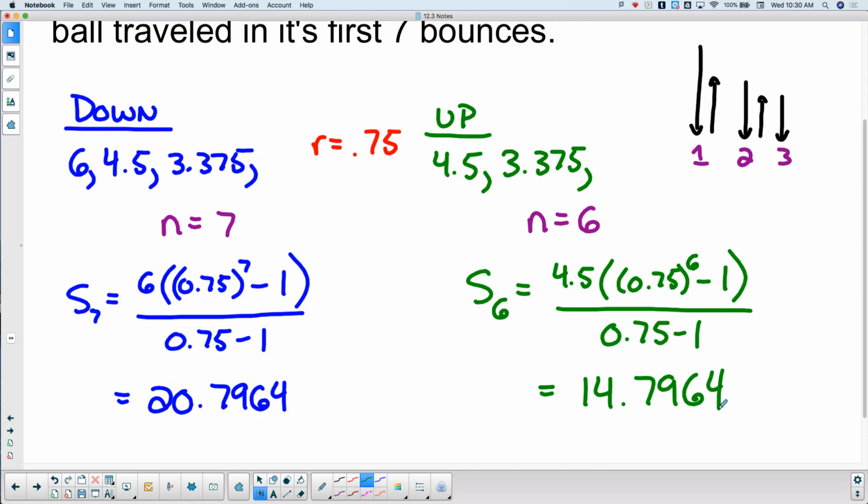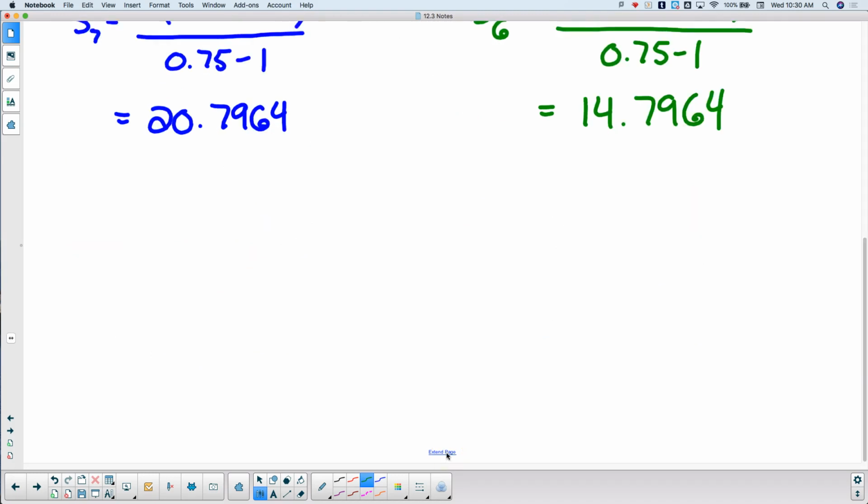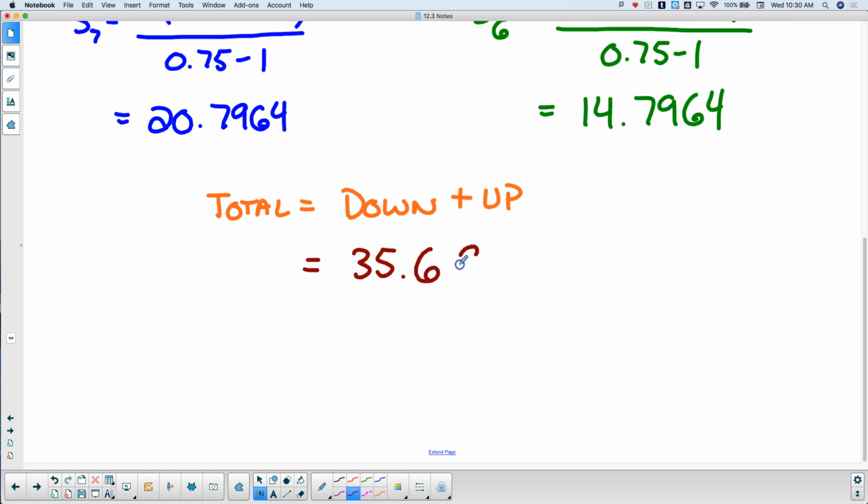Okay? So now how am I going to find the total distance? Add those two together. 35.5928 feet.